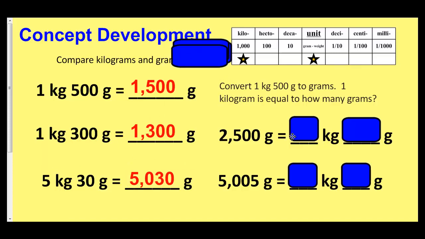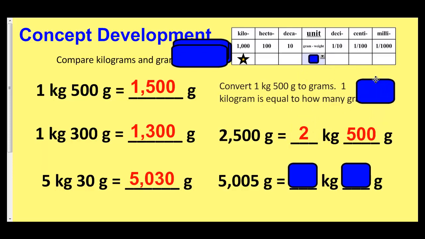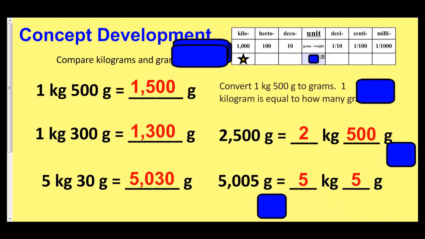Now we're going to go the other direction. If I have 2,500 grams, that is 2 kilograms, 500 grams. 5,005 grams would be 5 kilograms, 5 grams. I bet you saw the pattern in that too.